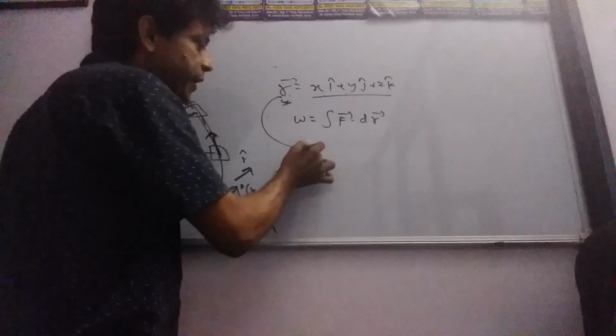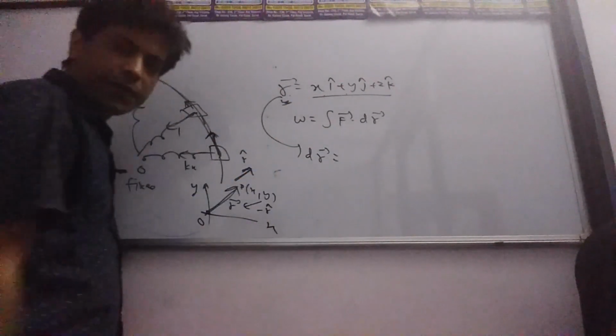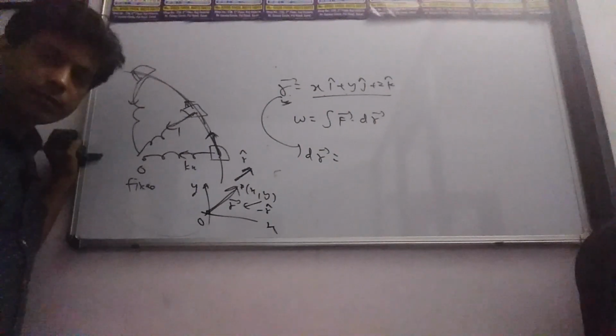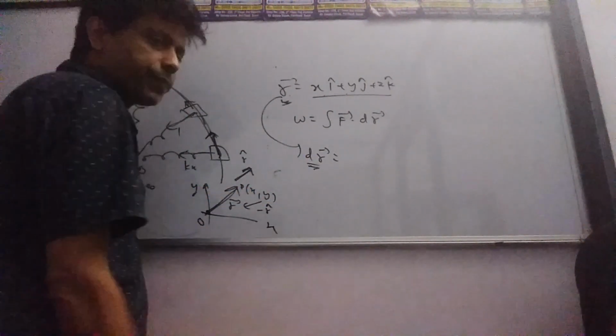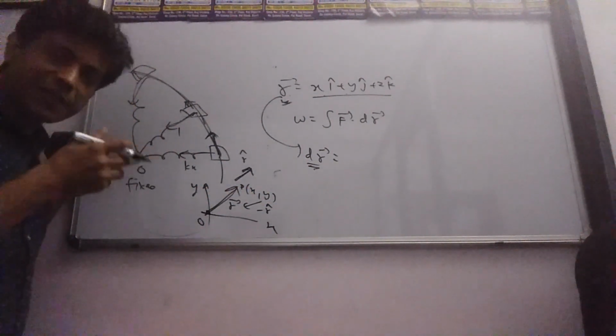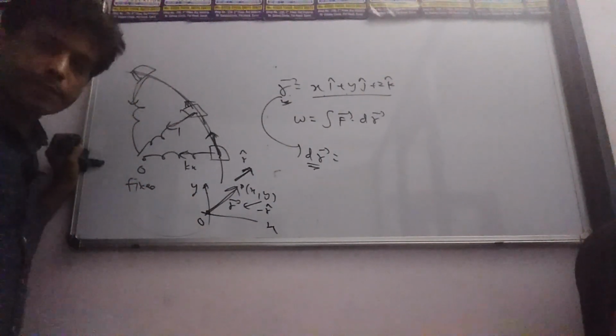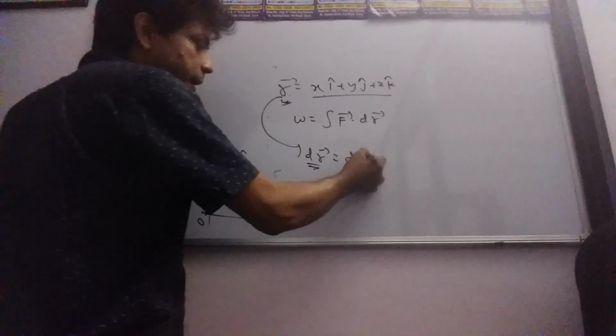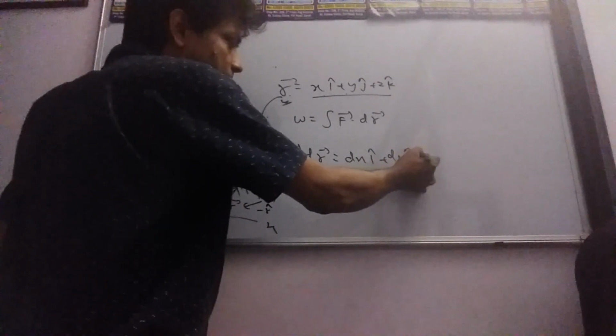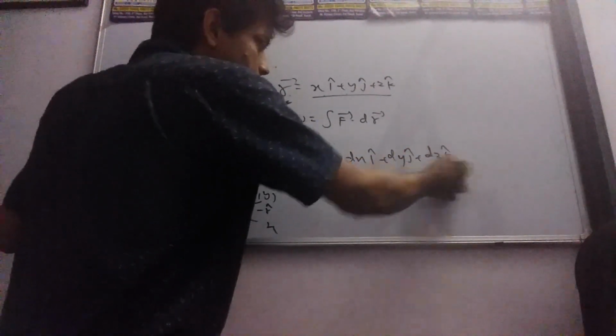And what about vector dr? Differential change in the vector r, okay. Differential change means vector r can also have a differential change. Very good: dx i cap, dy j cap, and dz k cap.